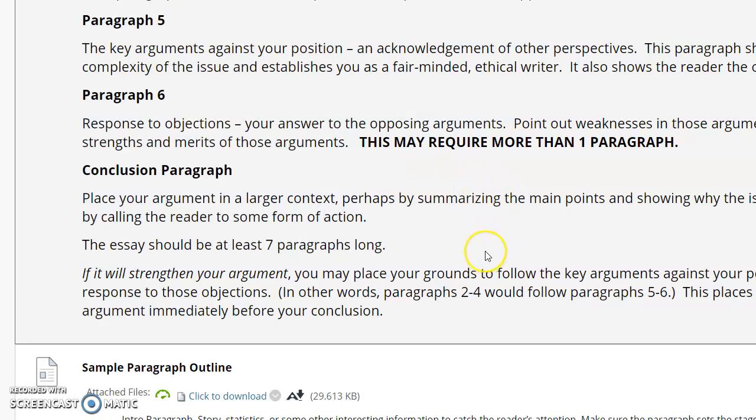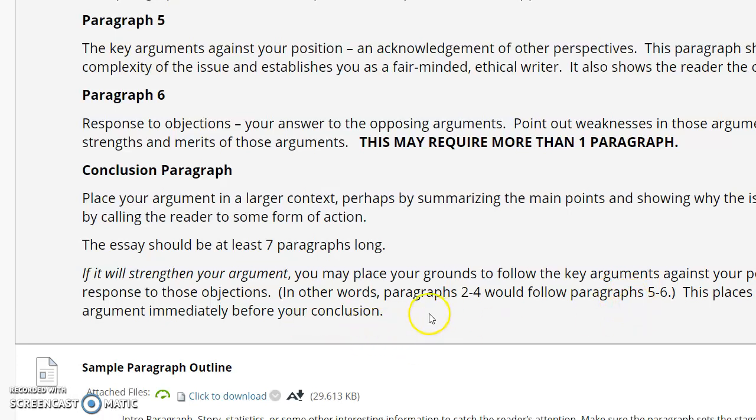And so this essay must be at least 7 paragraphs long. It will be longer if you have more points to discuss. It will be longer if you require more than 1 paragraph to discuss the opposing viewpoints. If it will strengthen your argument, you may reverse the order of your points and the opposing viewpoints.